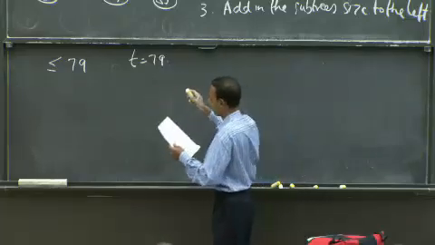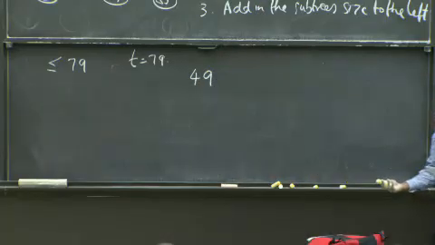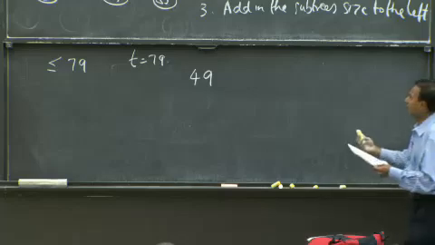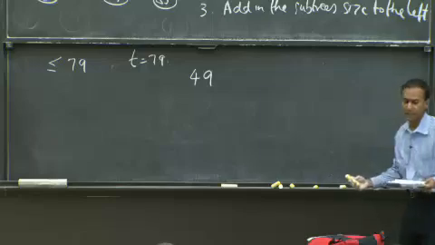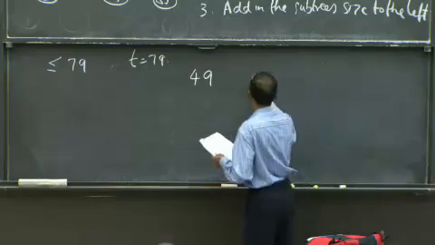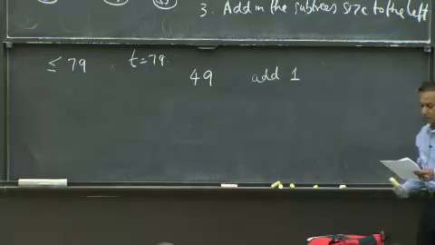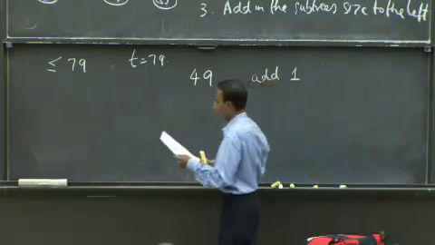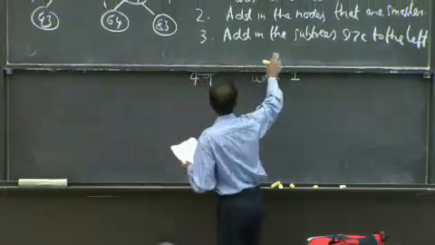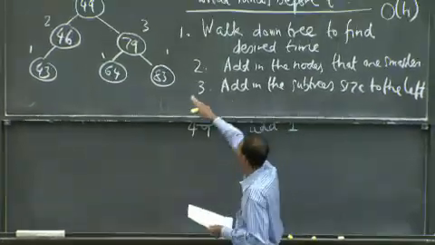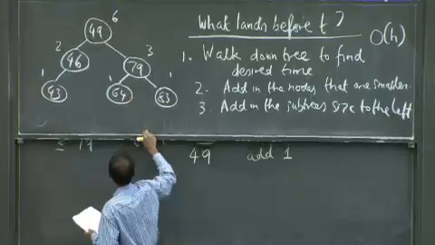I'm going to walk down. I'm going to look at 49. 49 is clearly less than 79, so I'm going to add 1. That's this check over here. I move on, and now I need to move to the right, because 79 is greater than 49.